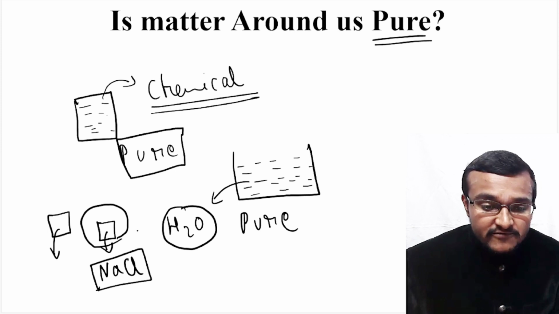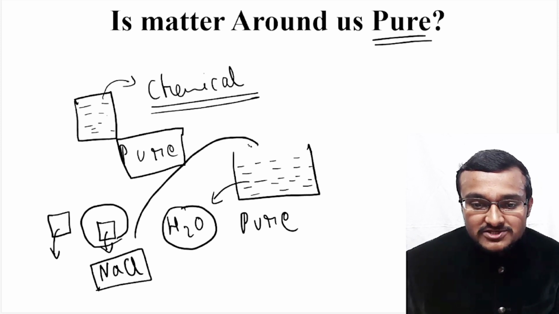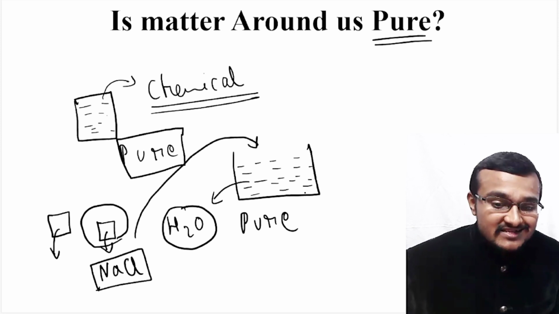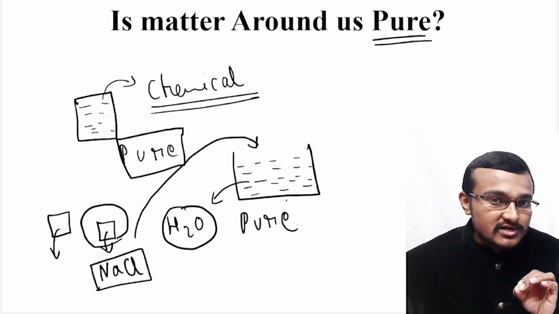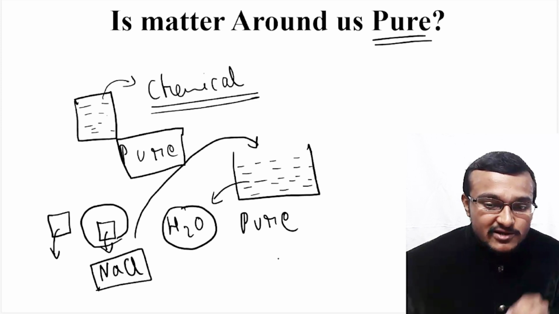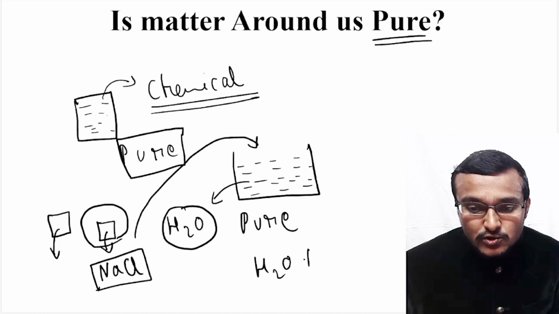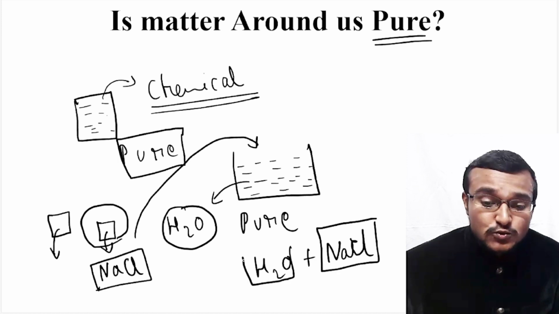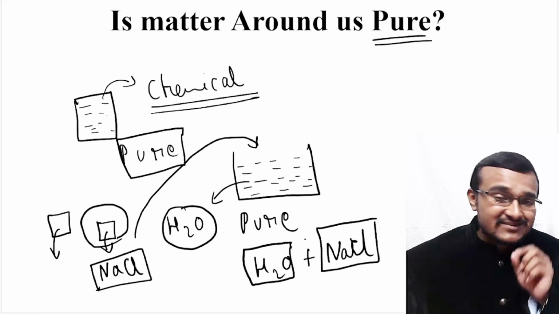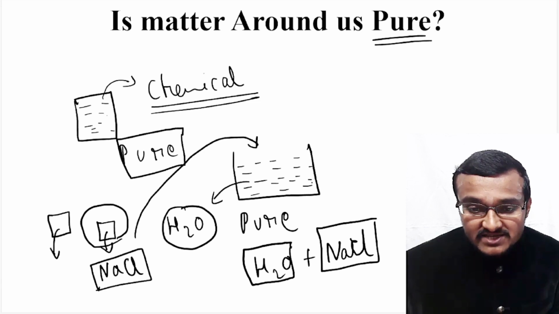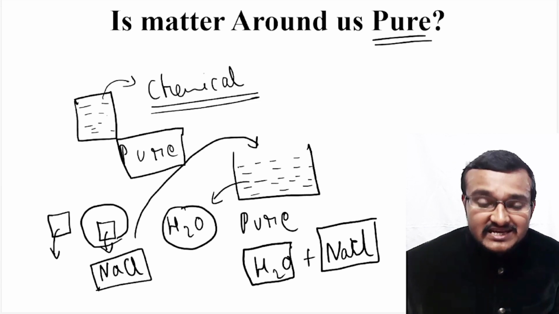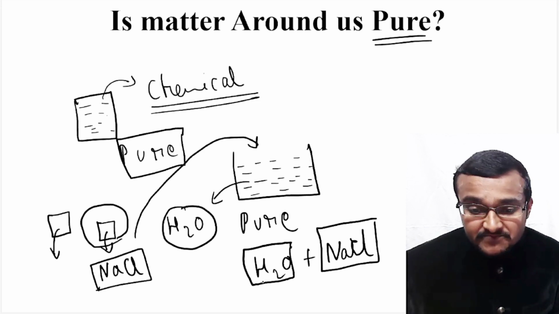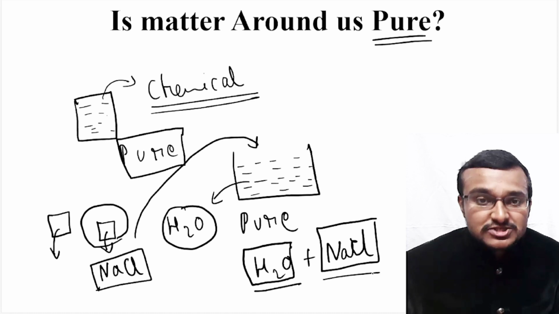Now, if you mix this NaCl into this water, then you cannot call this water pure water, because this water will be containing H2O plus NaCl. That means two kinds of chemical compounds are present in one single substance. If you look at the chemical substance of this entire water, there will be both H2O and NaCl.